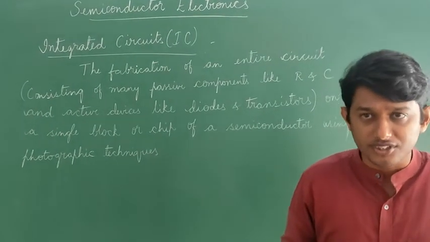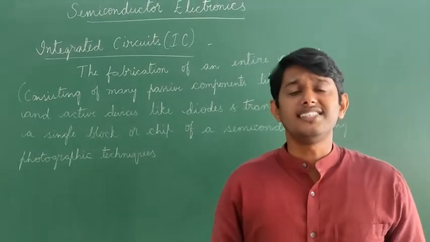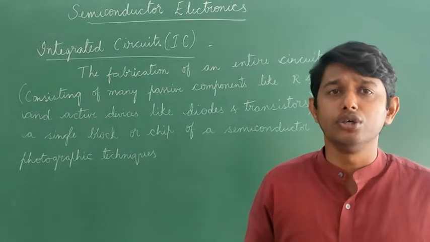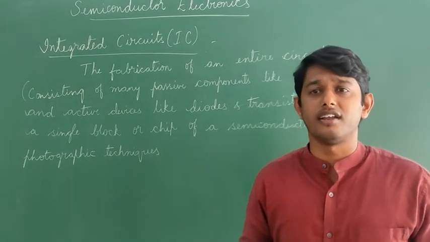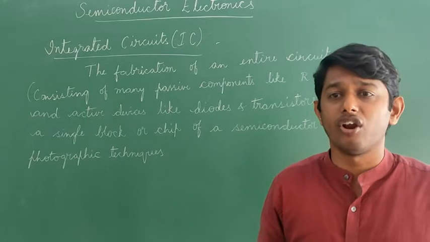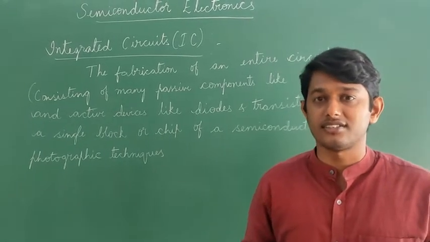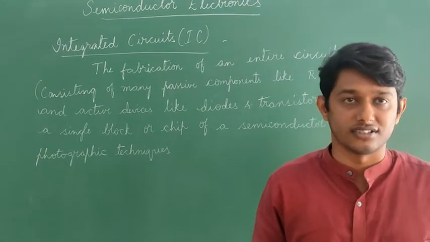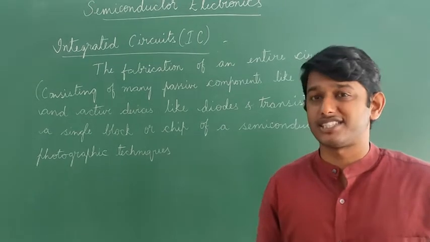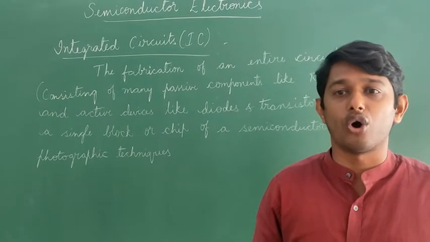So the IC can be grouped into two categories. The first one is linear or analog ICs, and the second one is digital ICs. So I'll explain the first one here, that is linear or analog ICs.